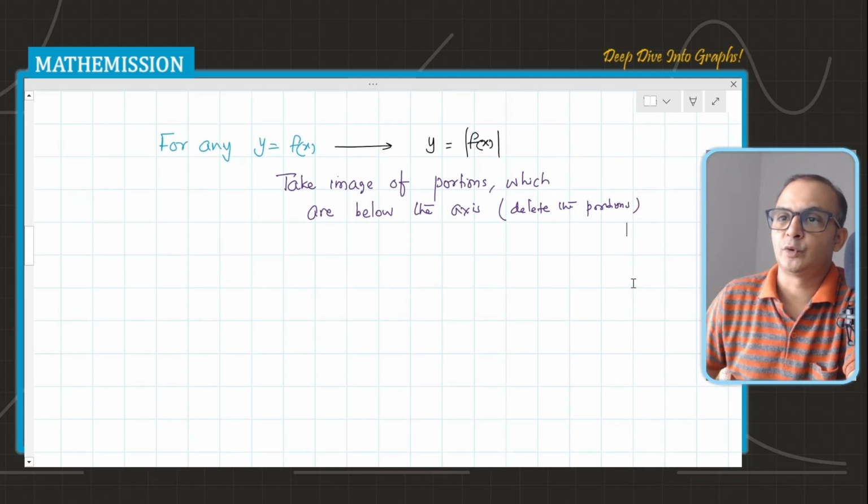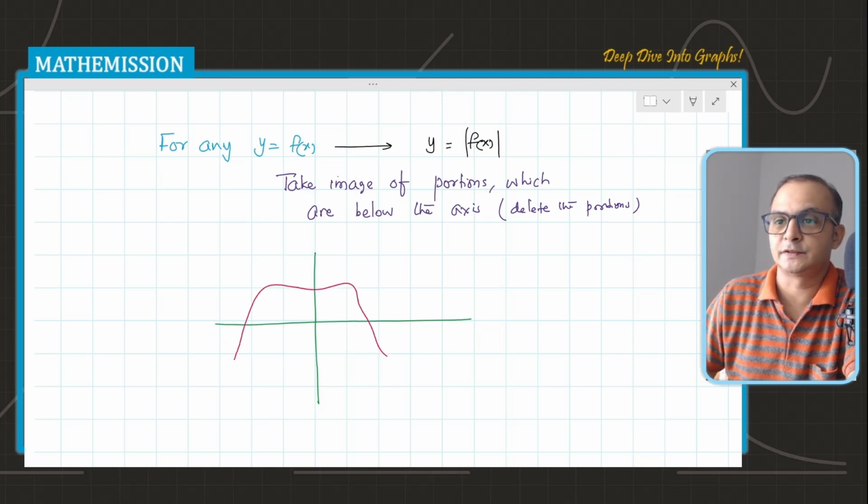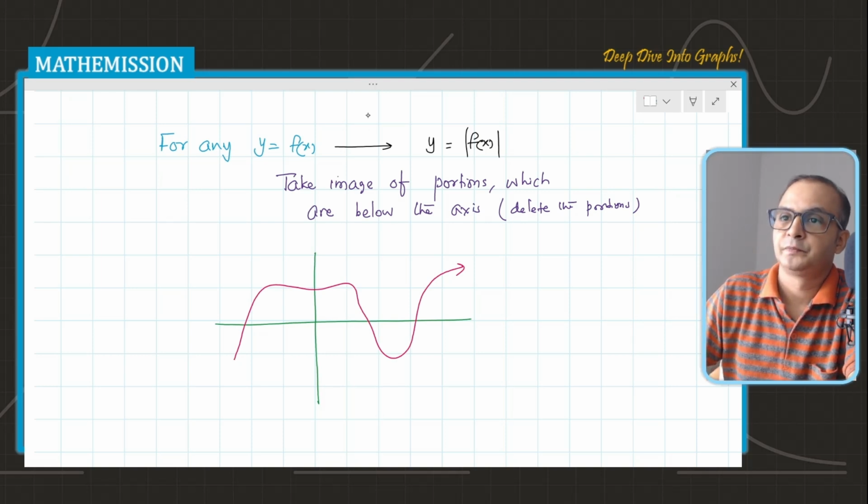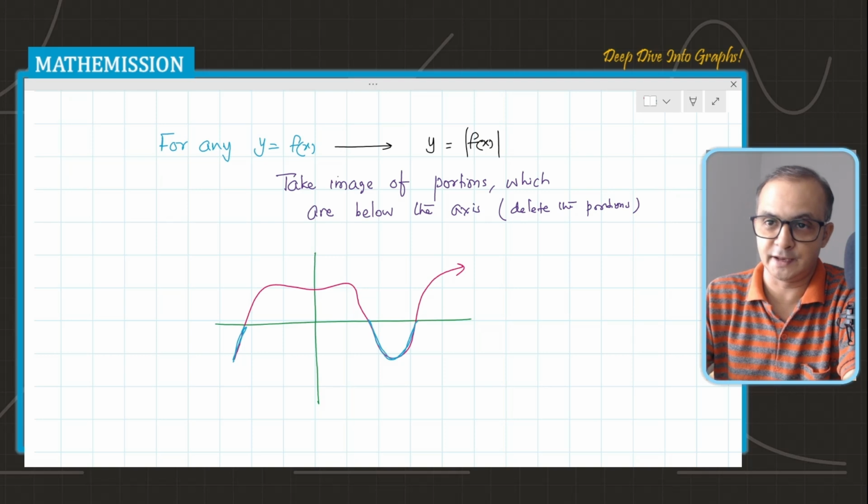So suppose you have any random curve like this, and I don't know how it will look. Suppose I have this kind of random function. So we have to only observe where it is below the x-axis. You can see that this portion is below the x-axis and this portion is below the x-axis. So I have to only take the image of this, keeping the previous portions which are already above the x-axis.